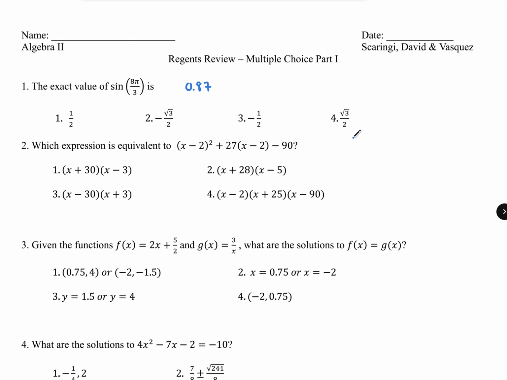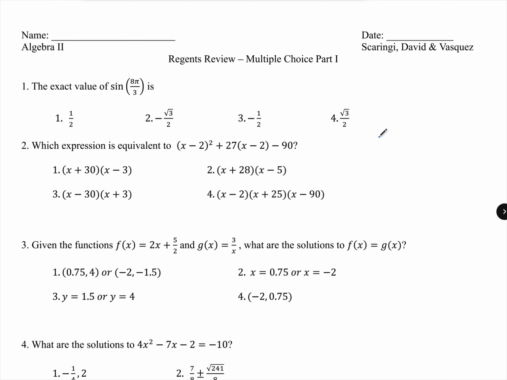If you put in the square root of 3 over 2, you actually get the same answer, which is 0.87. The long way would be to show you with the unit circle and the fact that cosine are your x values and sine are your y values. But we'll get to that in one of those little practice sheets later on this week or next week. So answer choice number 4, just by using your calculator.